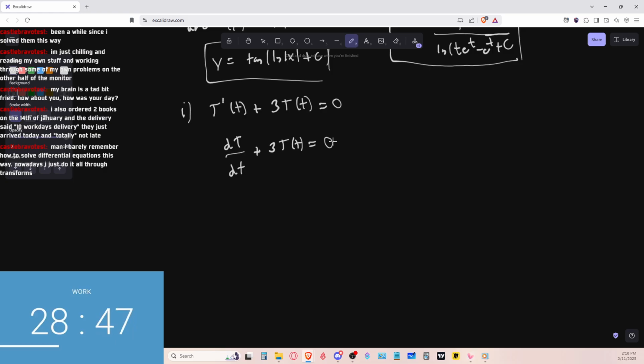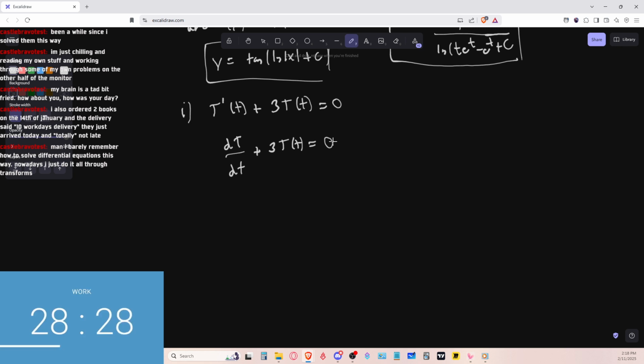The way it looks, I feel like I should use the integrating factor, but I can also make it separable. But we don't know what t is though, so I think we have to figure out what t is. I barely remember how to solve differential equations this way. Nowadays, I just do it through transforms.